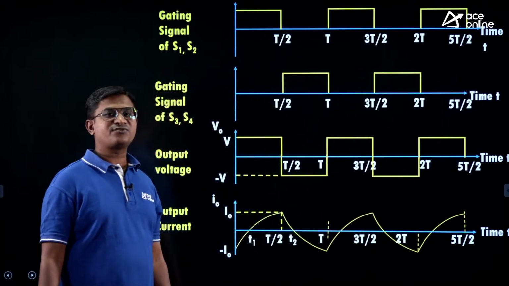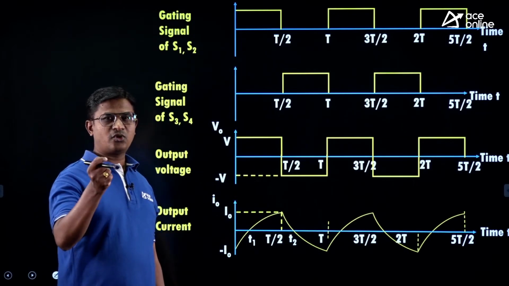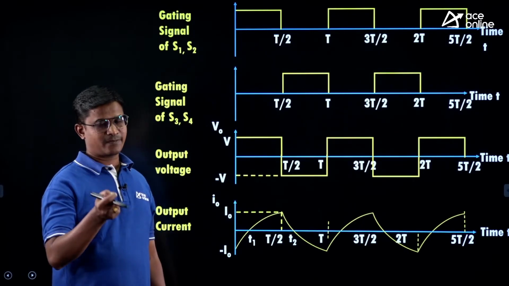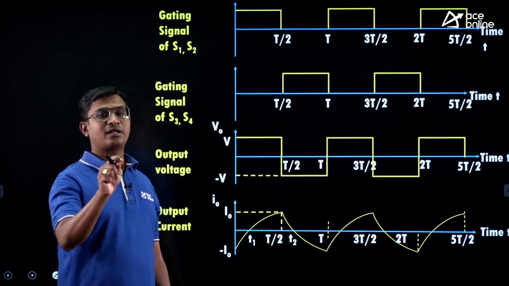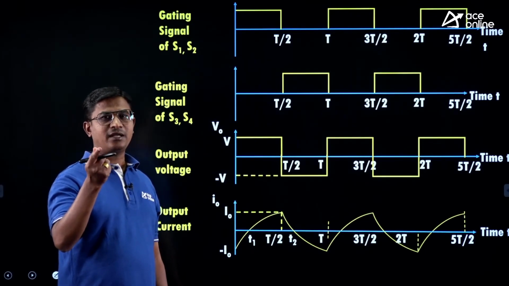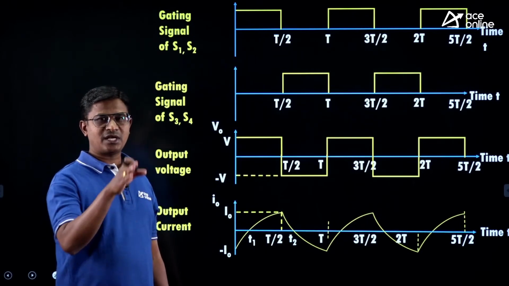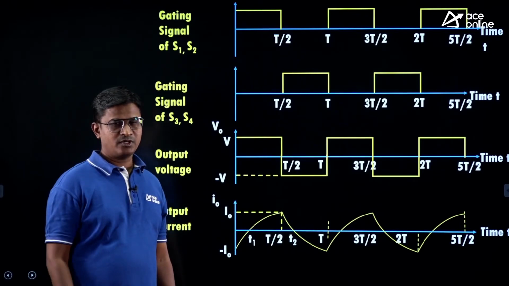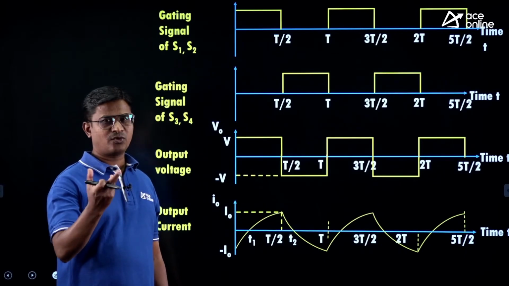So in half bridge as well as full bridge, for resistive load, the load current waveform is a square. For pure inductive L load, triangular. And for RL load, exponential rise, exponential fall type of waveform. Load voltage waveform is a square function only by default.